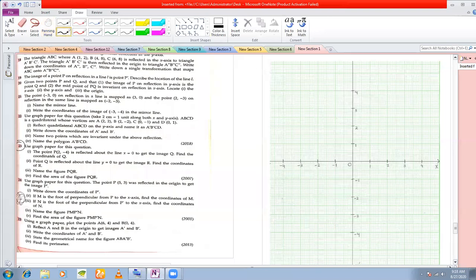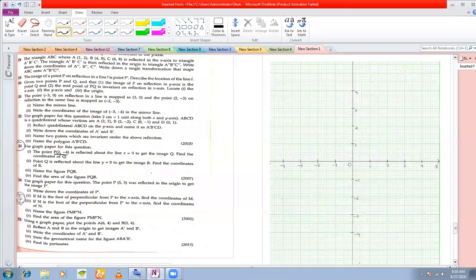The point P(2, -4) is reflected in the line x = 0 to get the image Q. Find the coordinates of Q. Point Q is reflected in the line y = 0. Name the figure PQR. Find the area of the triangle of the figure PQR.